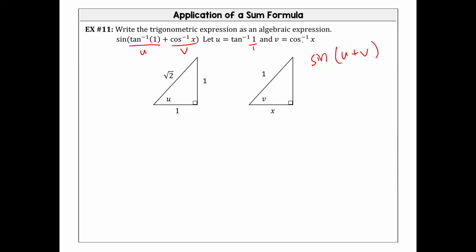Same thing here, this is 1 over 1, and this is X over 1. Yeah? All right. So if our radius is 1 and our adjacent is X, what does our Y have to be? Neither. It has a square root. That's a good start.